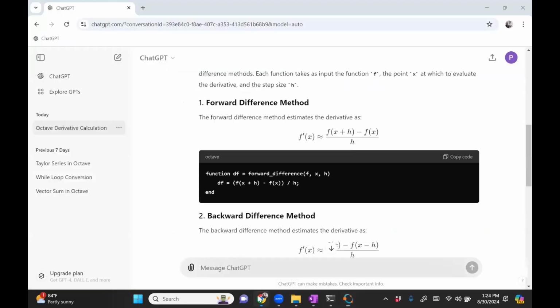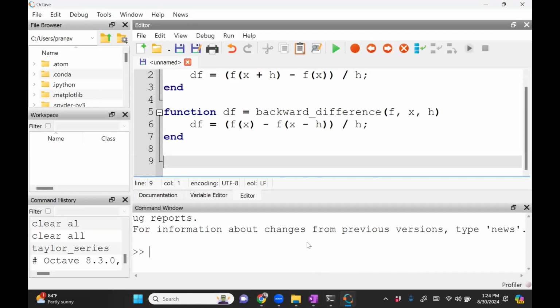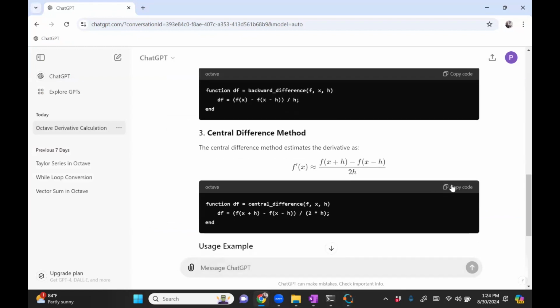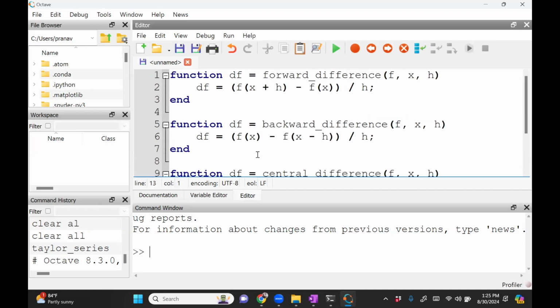Okay, next one. Backward difference. Next one. The way this works is that the function, in the end, simplifies things. You can package all the functions in a single place versus writing different functions. Sometimes it's nice because then you don't have to deal with 5 files in 5 places. So it's one way of writing. The other way you could write it is to have different functions defined as separate files.